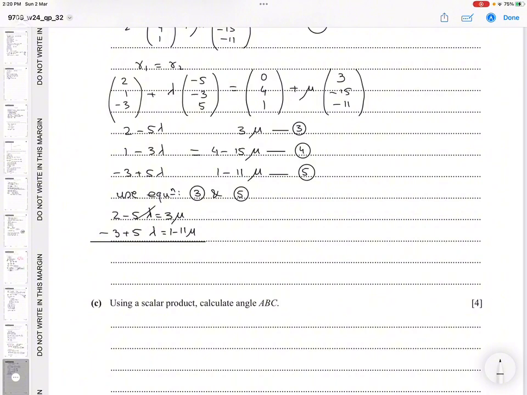So minus 5 lambda and plus 5 lambda gone. So you got minus 3 plus 2 is minus 1 equals 1 minus 8 mu. From here your mu is equal to 1 over 4.